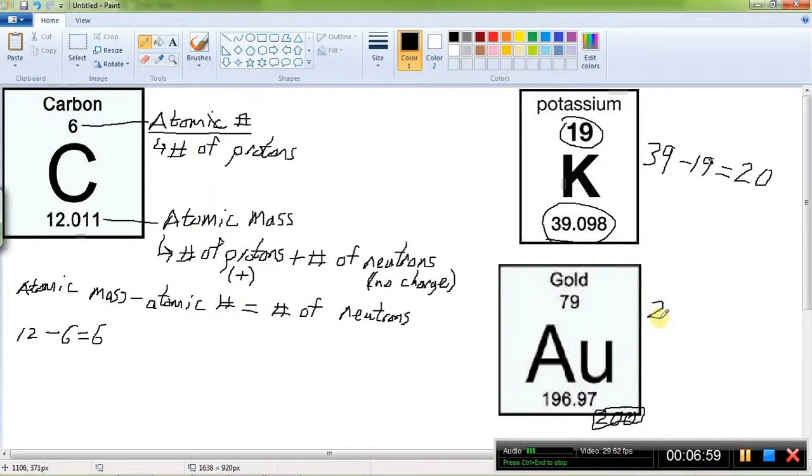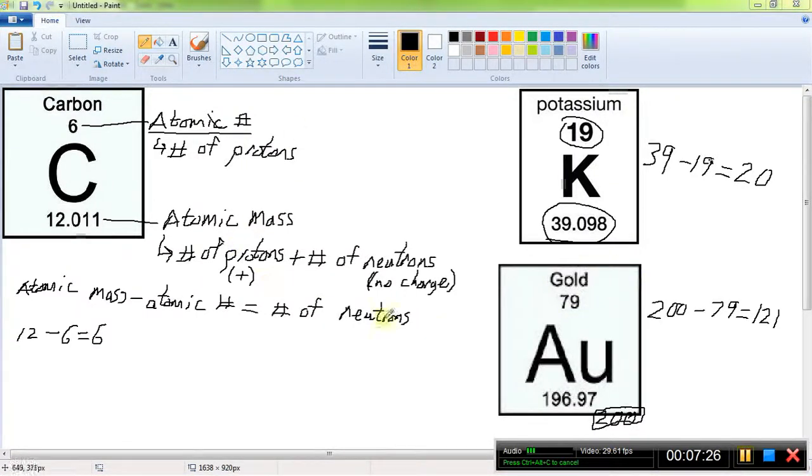Ours has 200, so atomic mass 200 minus the atomic number, 79, equals 121. So 121 neutrons. If we had an atom of gold with a 200 atomic mass, it would have 121 neutrons and 79 protons.